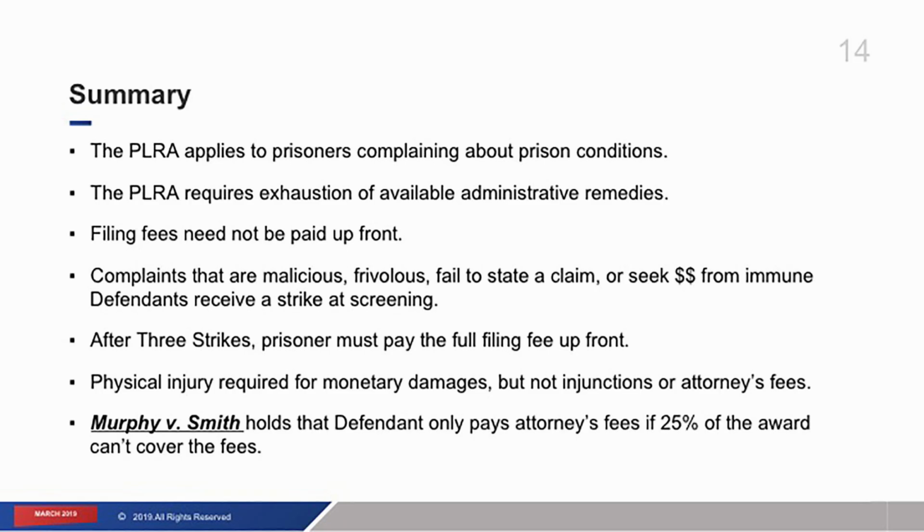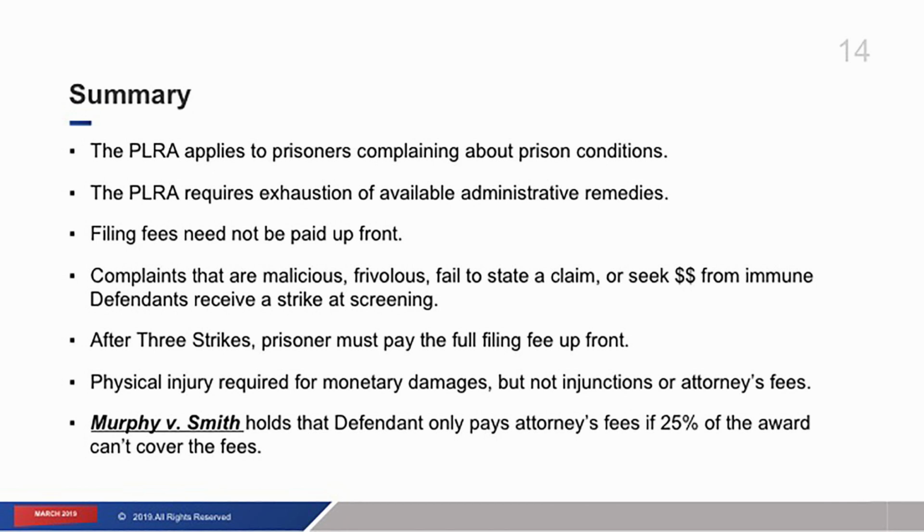To summarize our points today, the PLRA applies to prisoners complaining about prison conditions. The PLRA requires exhaustion of available administrative remedies. Filing fees don't always need to be paid up front. Complaints that are malicious, frivolous, fail to state a claim, or seek money from immune defendants receive a strike at screening.